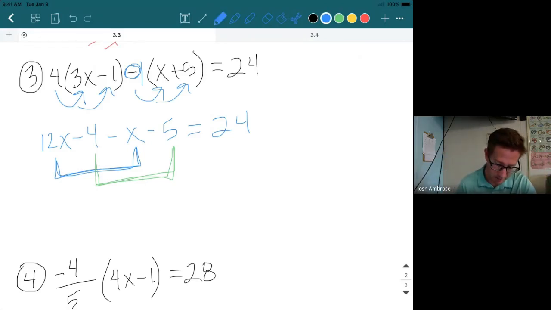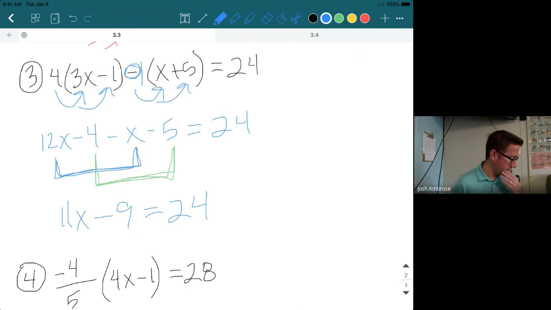All right, so 12x minus x giving us 11x, a -4 and a -5. Pay attention to your signs. That's vital there. Minus 9 is what that would give you, equals 24.